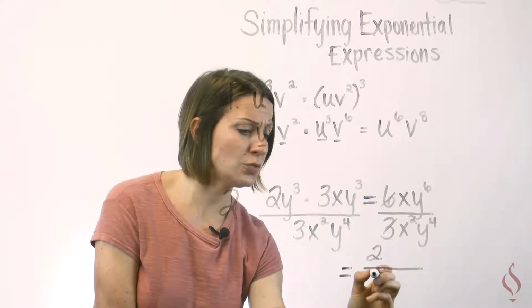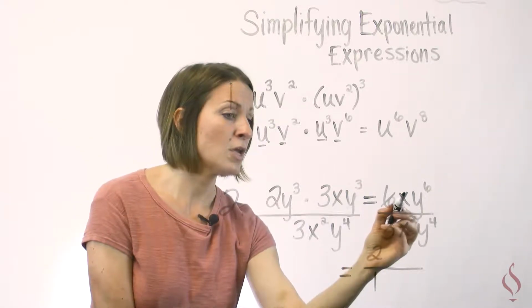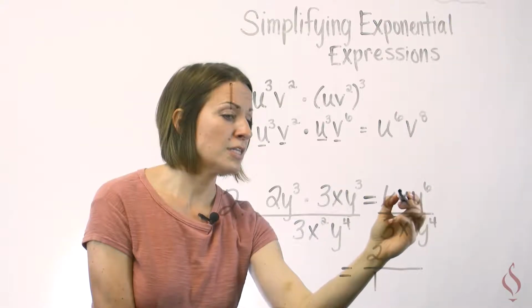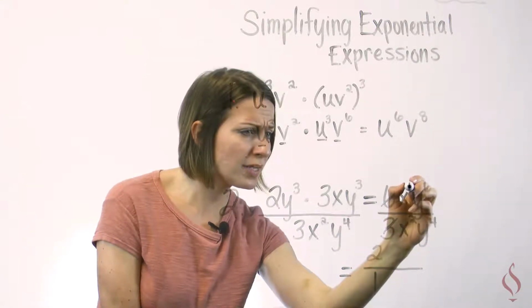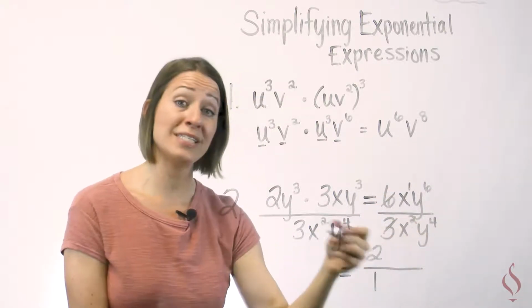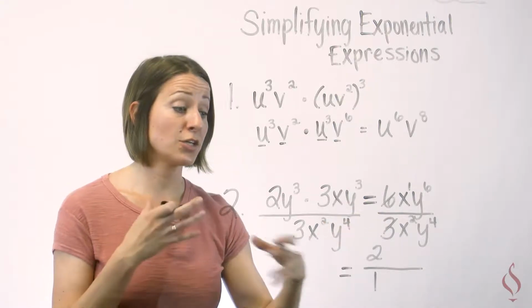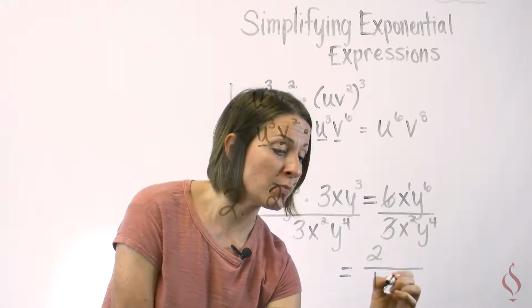So this is 2 over 1. Right here, the x would really have a 1. And so 1 take away 2 is -1, but then to convert that -1 to a positive, it's going to go down to the bottom.